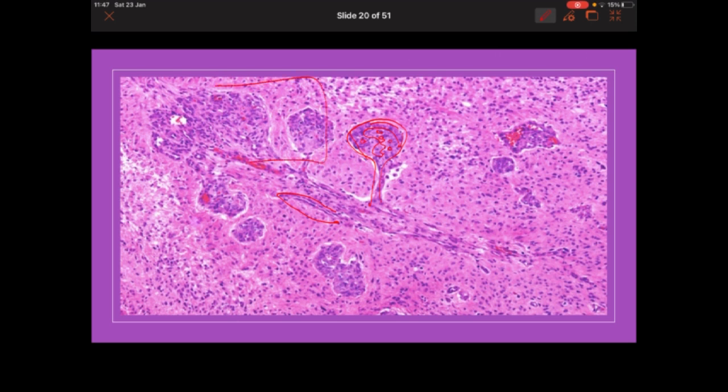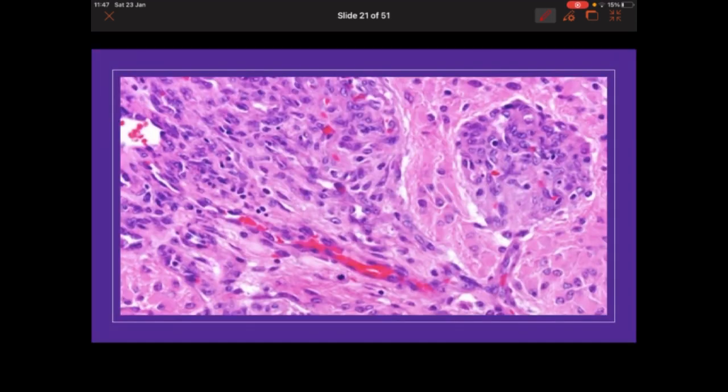Let's see what is the closer view of these glomerular blood vessels. See, this adjacent normal blood vessel is lined by only a single layer of endothelium. This is a nucleus of the endothelium, a very flattened single layer of endothelium.